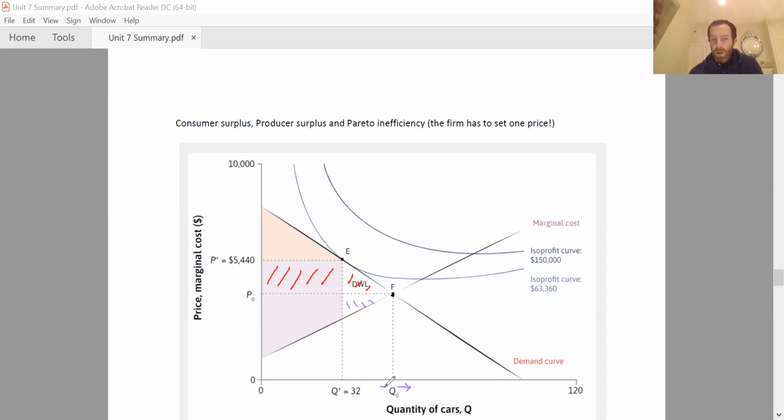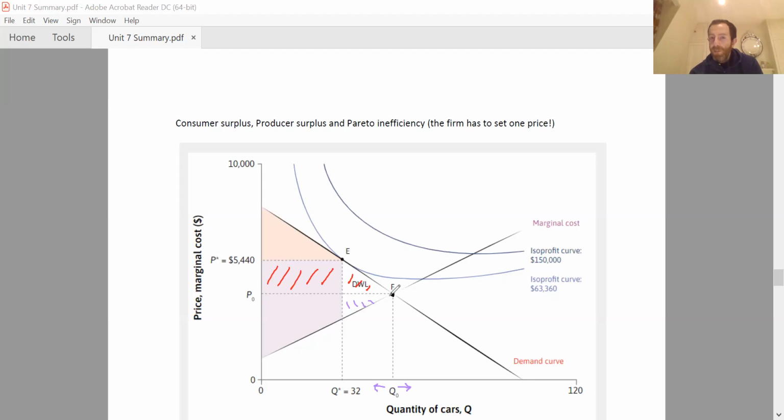And if we think about now going the other way, back down, if we do that, we are making it so that the firm is able to sell at a higher price, okay? So they're better off, right? We're making the producer surplus bigger, they're better off, but now the consumers are losing consumer surplus, they're worse off. So to go to the left of point F, we have to make the consumers worse off in order to make the producers better off, right?